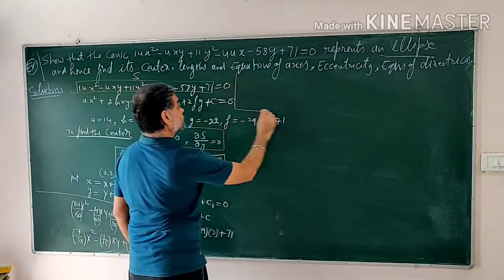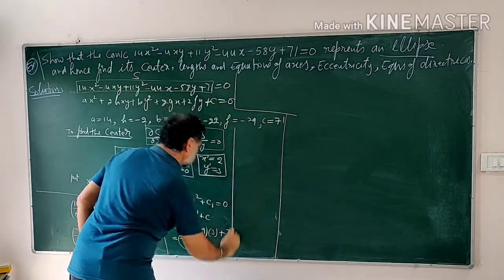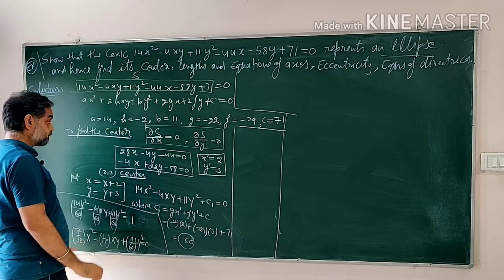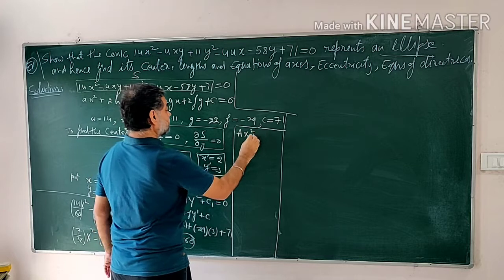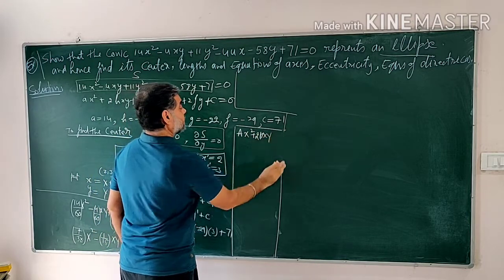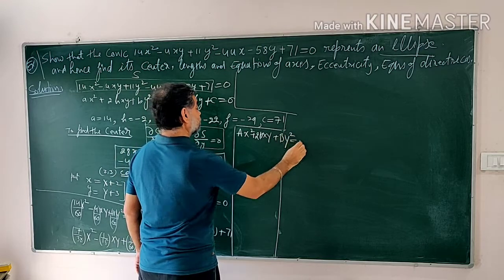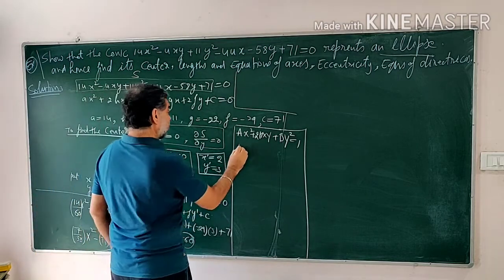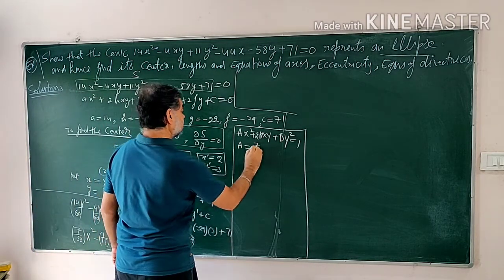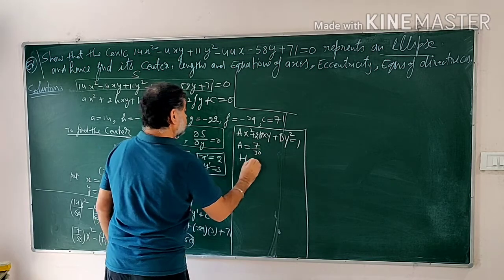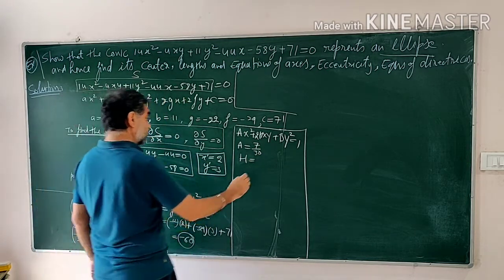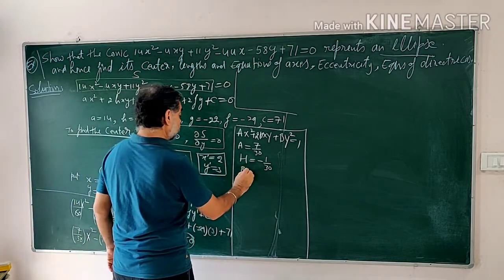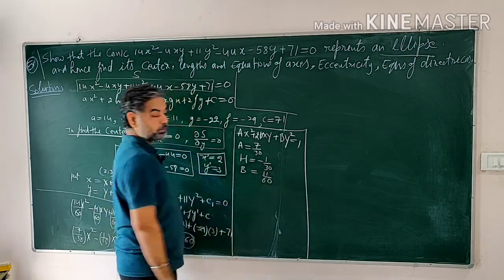When you compare this equation with aX² + 2hXY + bY² = 1, you get a equal to 7/30, 2h equal to −1/15, so h is equal to −1/30, and b is equal to 11/60.